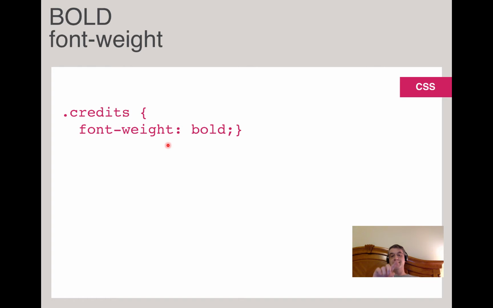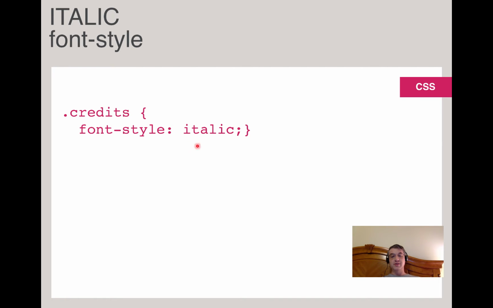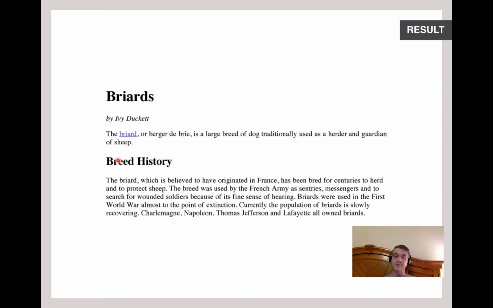Font-weight determines how thick the font is, and font-style determines whether it's regular or italic. There's a difference because you can have something be bold and italic, and then you'd have to change your font-weight to bold and your font-style to italic. So there are two different things.